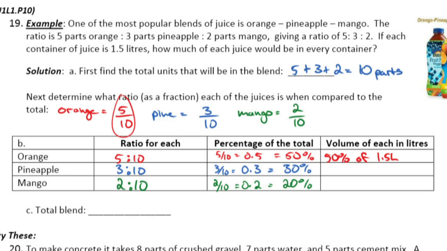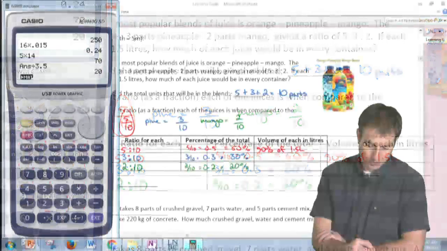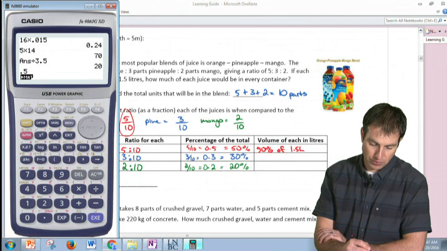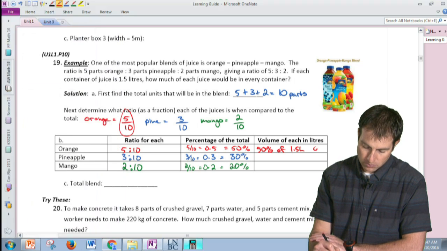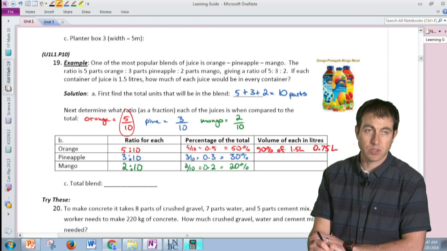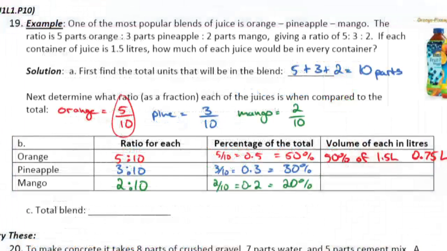I can do this a couple ways. 50% is 0.5 as a decimal times 1.5 gives me 0.75. I can think of it that way. Then I'm going to go 30% or 0.3 times 1.5 liters.